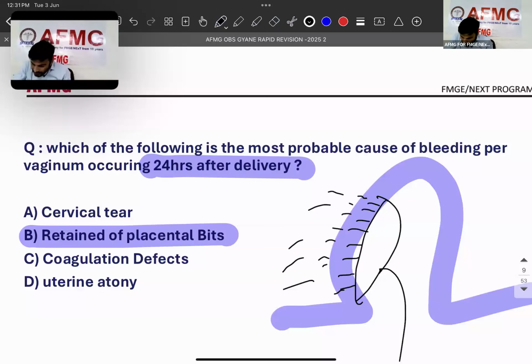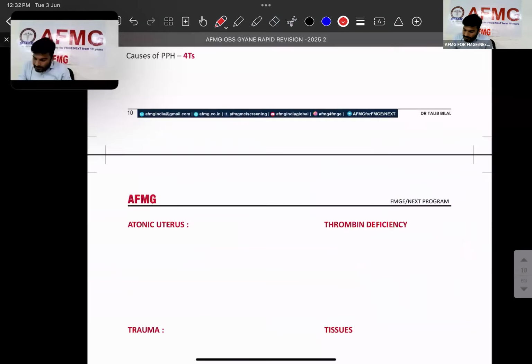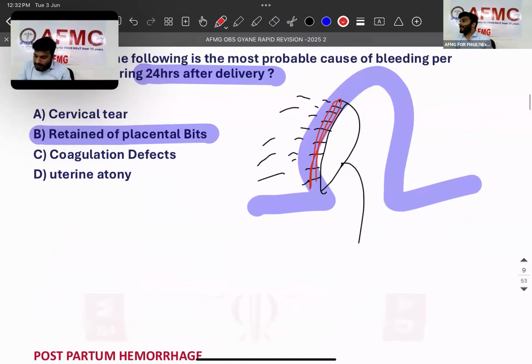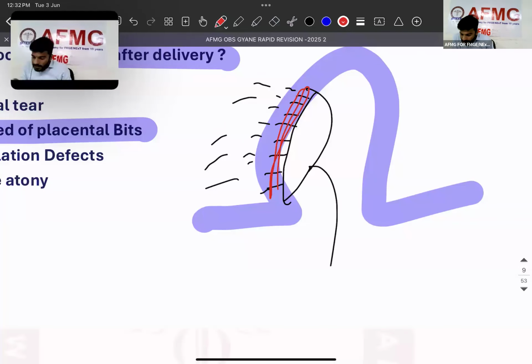Now at this point we have a layer called the Nitabuch layer. This layer is a fibrinoid layer. When this layer is absent, and due to the abnormal decidua basalis and this Nitabuch layer, the placenta goes inside, inside, and inside.